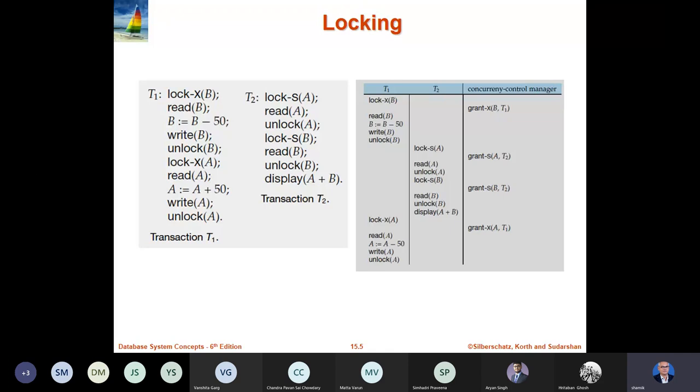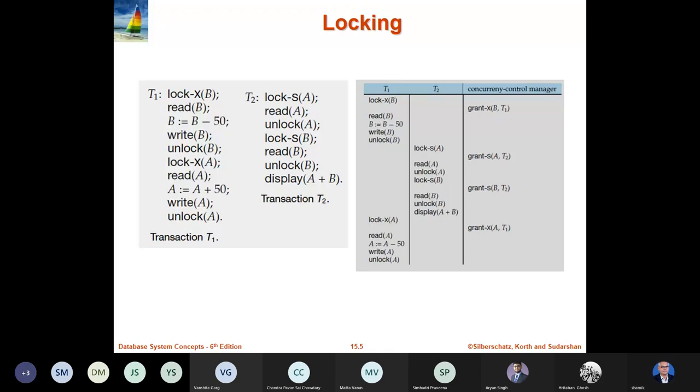But in this process, P2 read the value of A, which is 2000, and read the value of B, which was 950. So it is displaying the value of A plus B as 2950. So if we allow these locks to be issued and released arbitrarily, it may not necessarily guarantee serializability of the schedules.